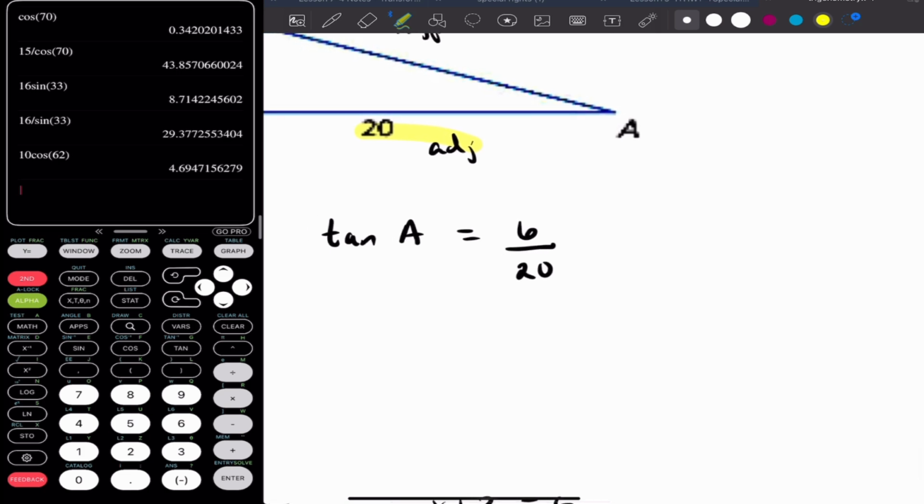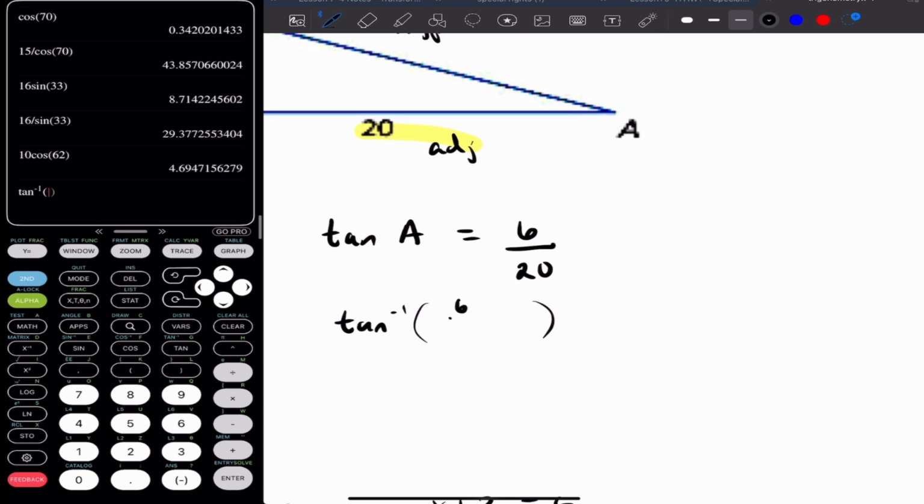So you have second already pressed, then you're gonna press tangent, and it should look like what you see on the screen. So it's inverse tangent. So we have the inverse tangent of, and you can see we have parentheses involved in the calculator.